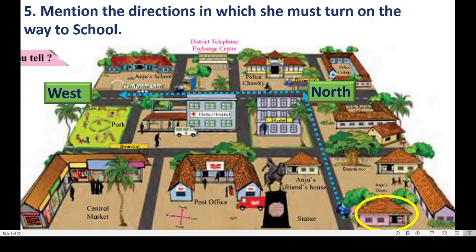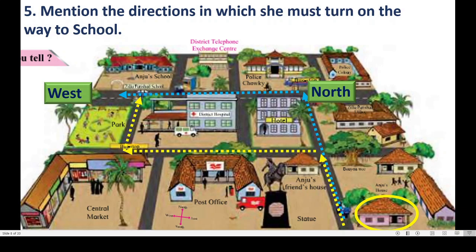Got this? Now the second route, again the same thing starting. She left her house and moved towards north for some time, and she turned left on the first lane. Okay, and up to the central market she continued to walk, and when she reached the park she turned to north.